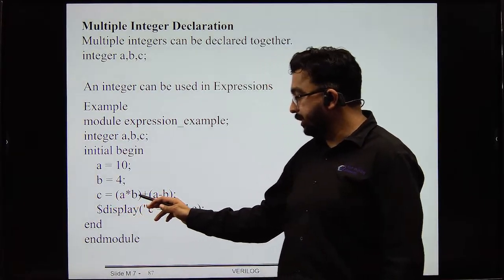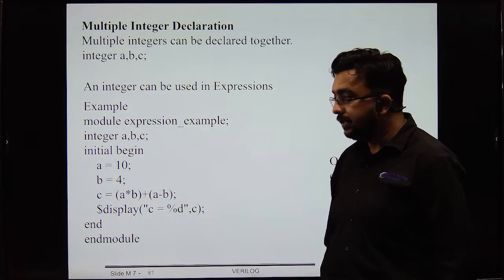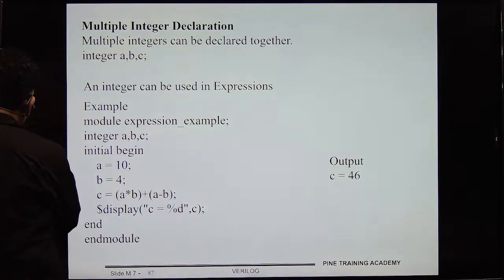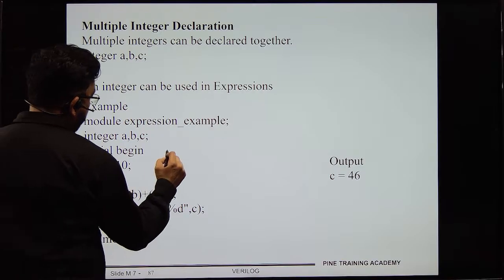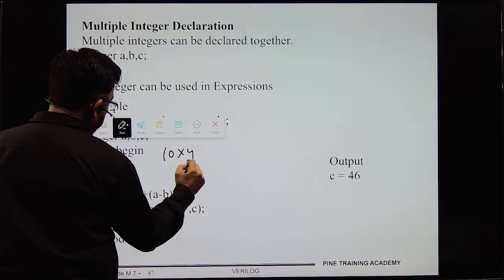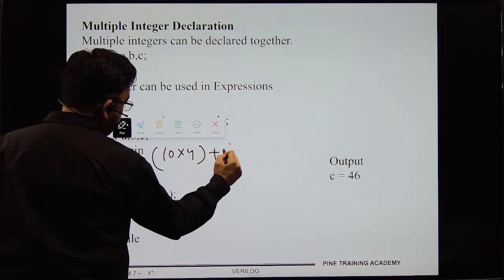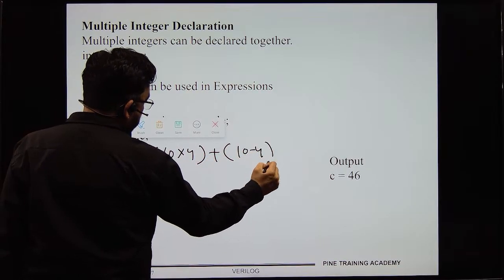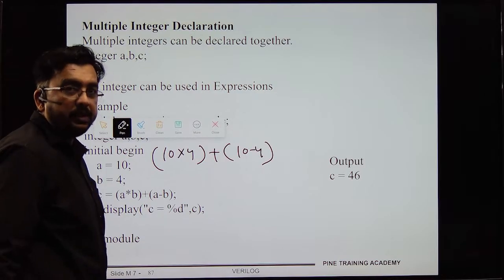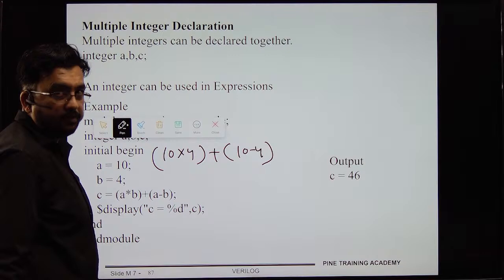See, this operation A into B plus A minus B. So if you perform this, 10 into 4 plus 10 minus 4. If you know the BODMAS rule, bracket, of, division, multiplication, addition, subtraction.